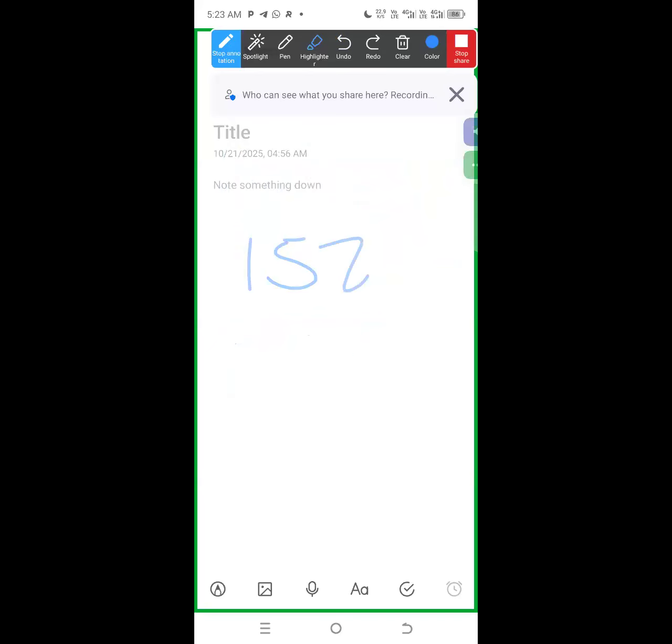Now the price went down from 158 to 130. So in between these two areas, since the price couldn't go above 158, this zone becomes the resistance zone, and this area becomes the support zone.